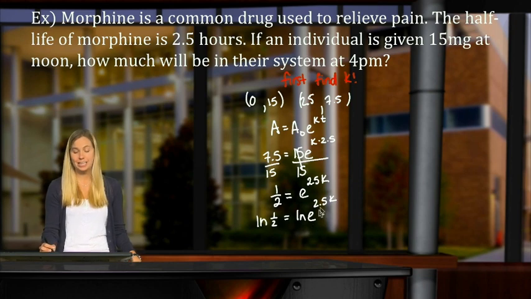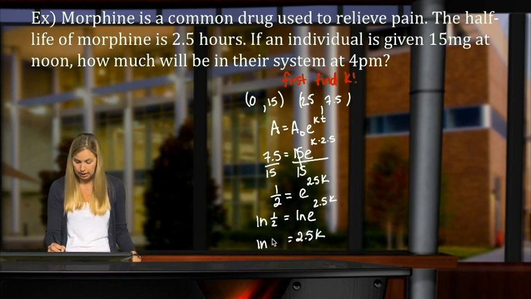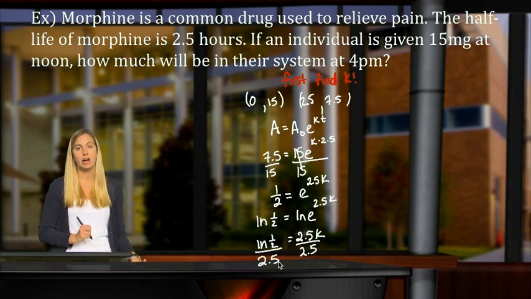The natural log of e to the 2.5k simplifies to 2.5k because of our inverse properties. Equals the natural log of 1/2. Divide both sides by 2.5. And we have our value of k.